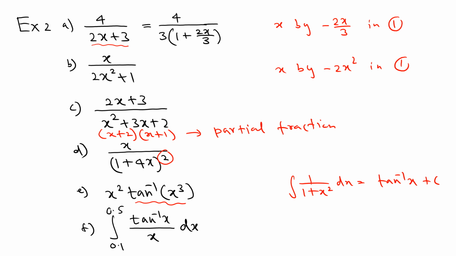So the first thing is to find a series representation for tan inverse x. After you do that, you replace x by x cubed. That's the second step. And then you multiply by x squared. So the starting point is to look for the series representation for 1 over 1 plus x squared, then take the integral to find tan inverse, and then replace x by x cubed. You can do the same thing for the last one as well.